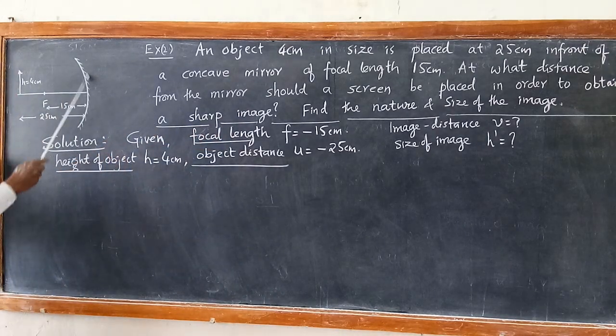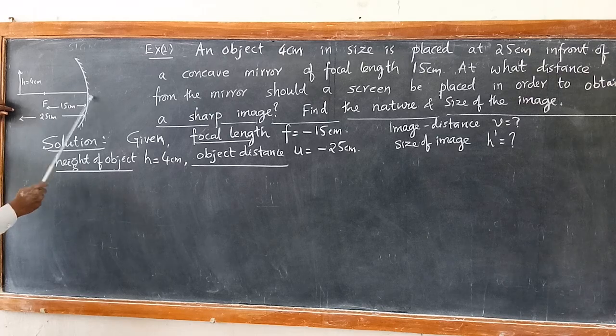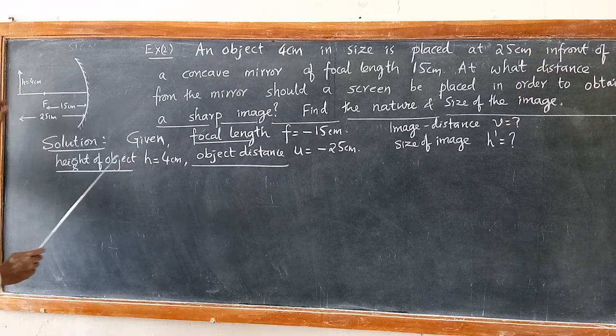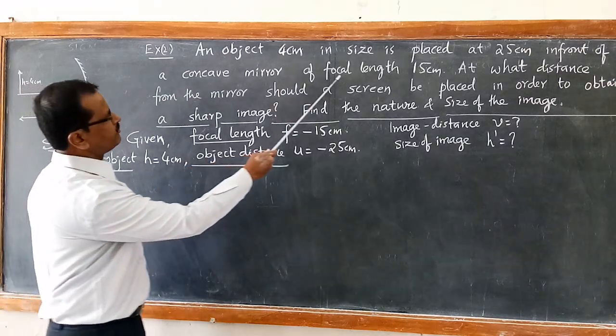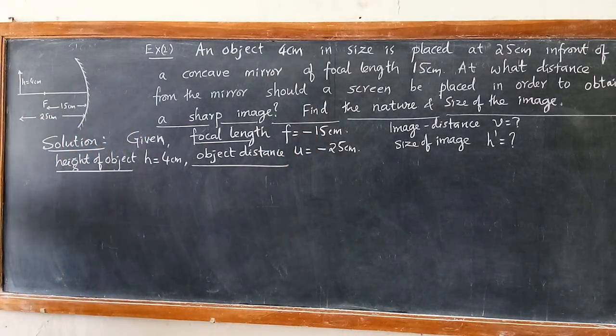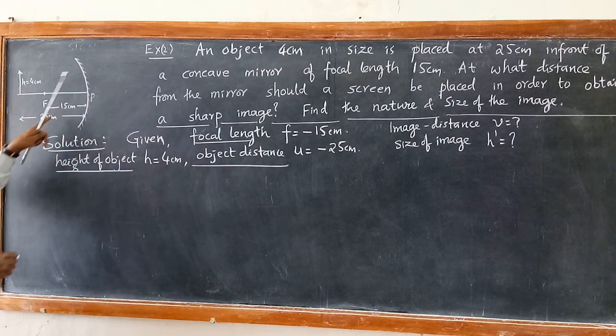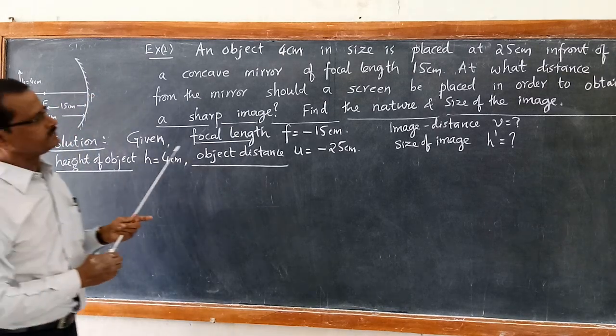Suppose this is a concave mirror. The object of size 4 cm is kept at 25 cm from the pole of the mirror. The concave mirror is of focal length 15 cm. PF, the focal length, is 15 cm.